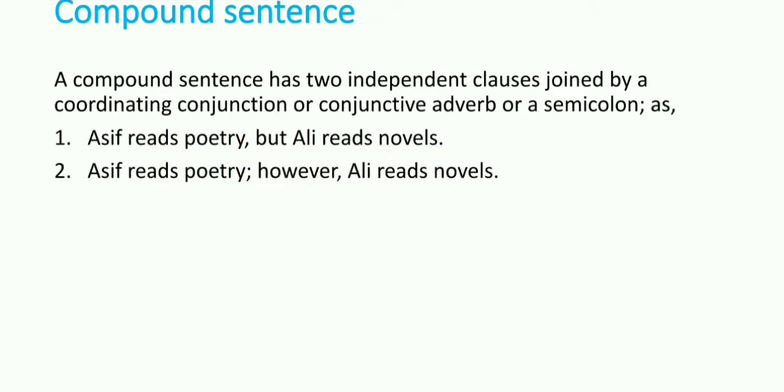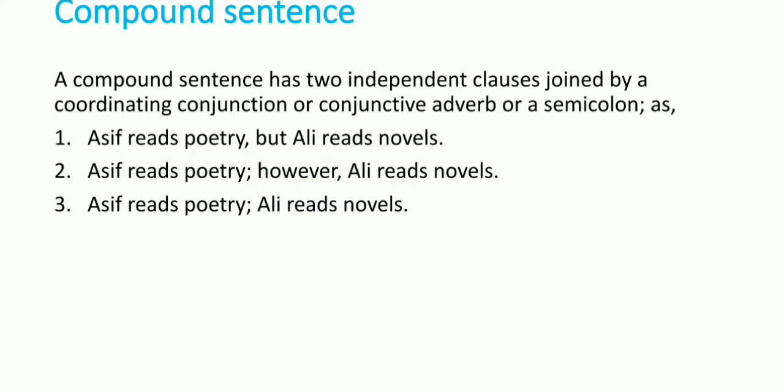Next example: "Asif reads poetry; however, Ali reads novels." Now here we have two independent clauses joined by a conjunctive adverb, that is "however." And before "however," you may see that we have used a semicolon. So there must be a semicolon before putting a conjunctive adverb.